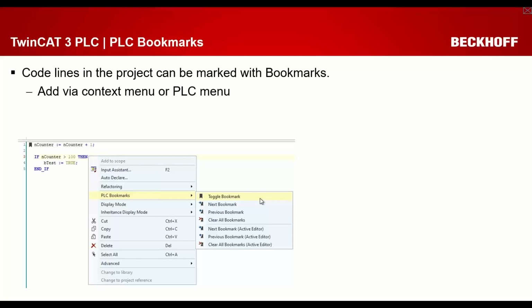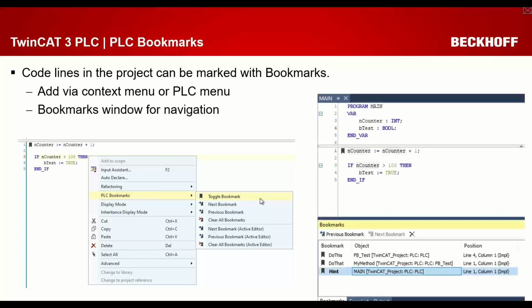Now these new bookmarks can be easily added directly via the context menu, for example. And then we have a specific window available which shows all the bookmarks which you have set in your PLC code. You can easily navigate between them, and the bookmark names can be changed according to maybe who has to do changes and what has to be changed.